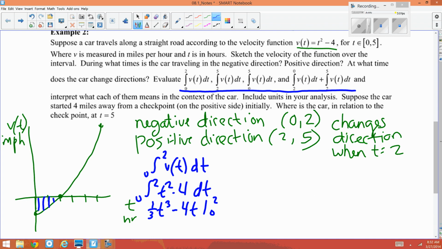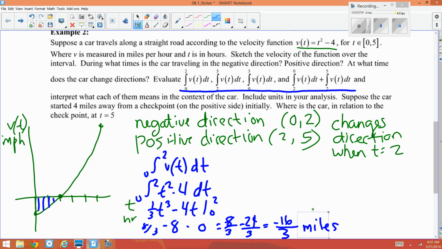We plug in 2, we get 8/3 minus 8, then minus 0. So we're going to end up with 8/3 minus 24/3, negative 16/3. There we go, negative 16/3, and this gives us miles.